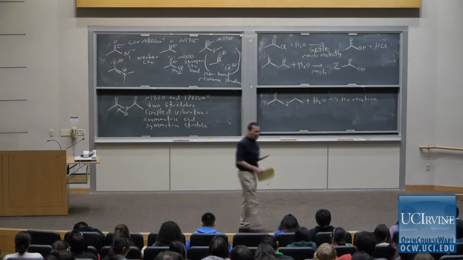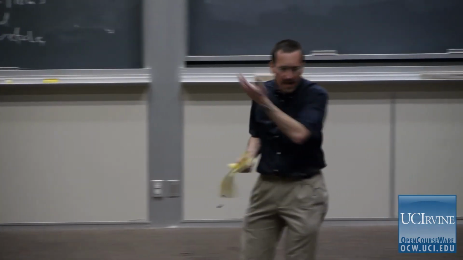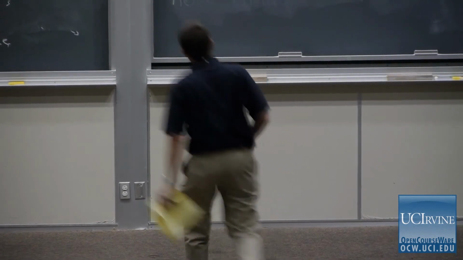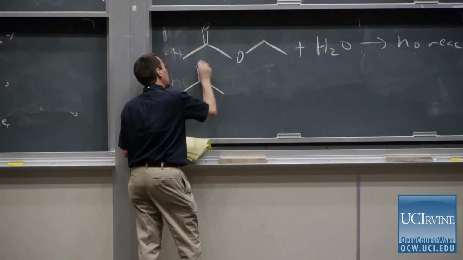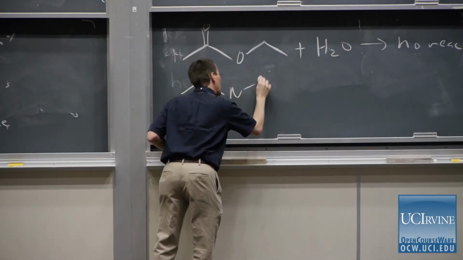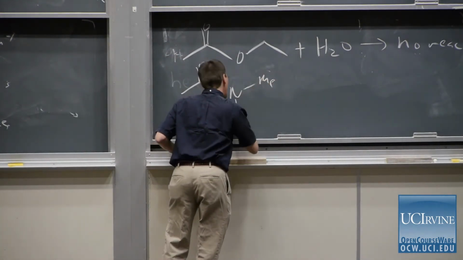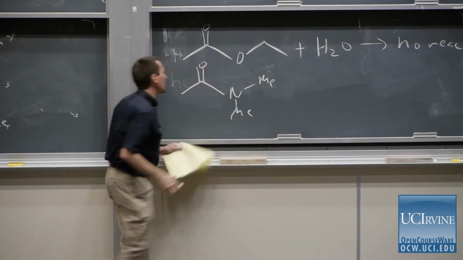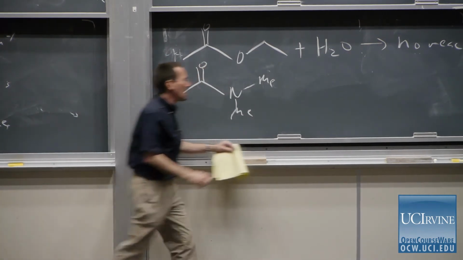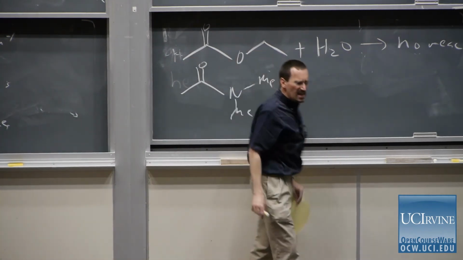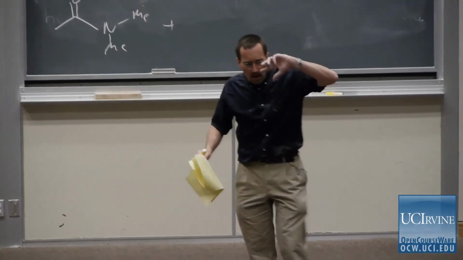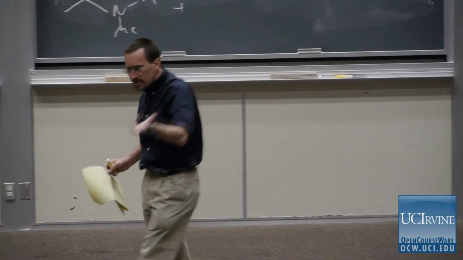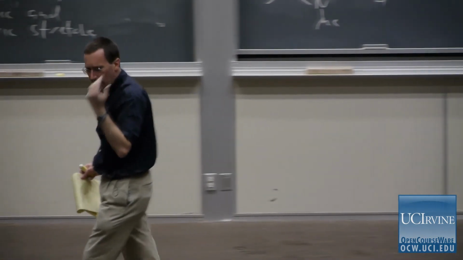And that's a very good thing, because esters and amides, which I'll write as the next molecule, N,N-dimethylacetamide, these are the molecules of biology, not ethyl acetate and N,N-dimethylacetamide themselves, but of course esters make up your lipids. The membrane that covers every cell in your body is made of lipids.